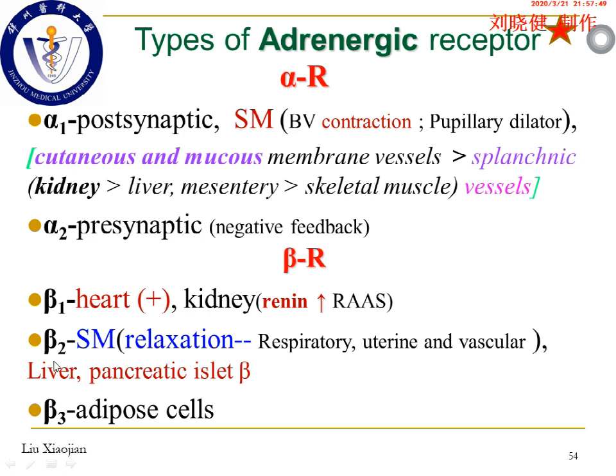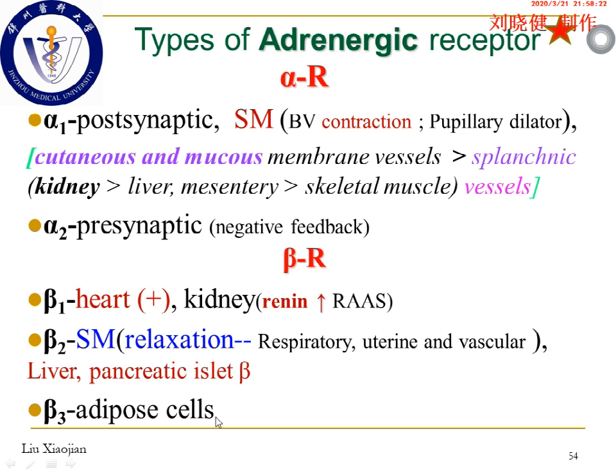Okay, and the beta 2 receptor subtype also resides in the liver and pancreatic islet beta cells. So it is also related to metabolism, increasing blood glucose. Beta 3 is mainly in adipose cells.